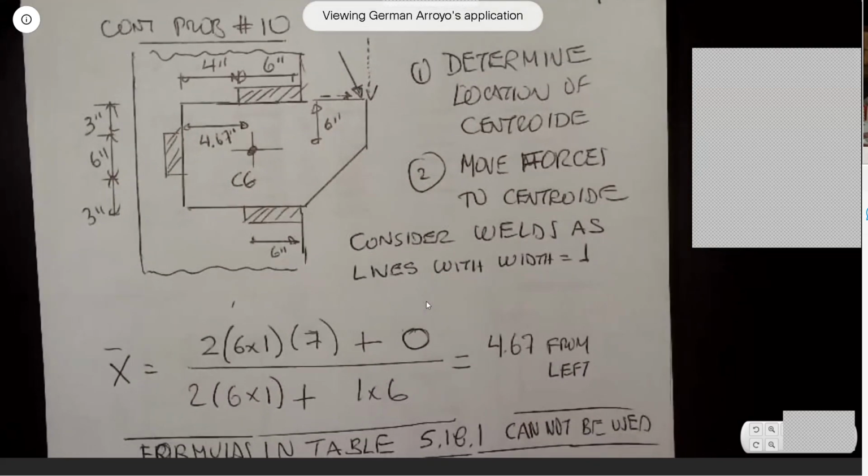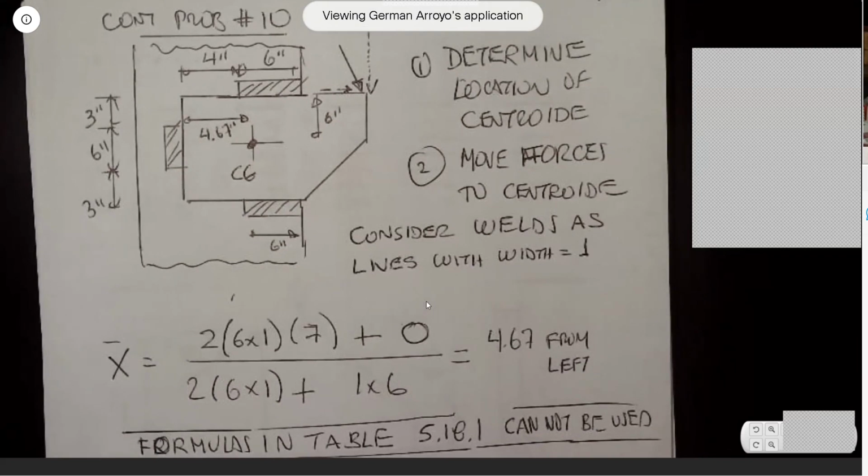So to find X bar, the location of this centroid, we have 2 times the area. This area is 6 times 1 times X bar. If you look at what I have in here, the centroid X from here to here is 3, and this is 4.